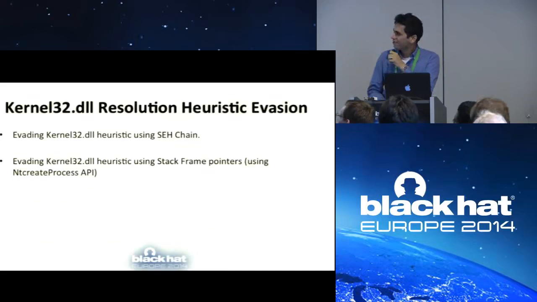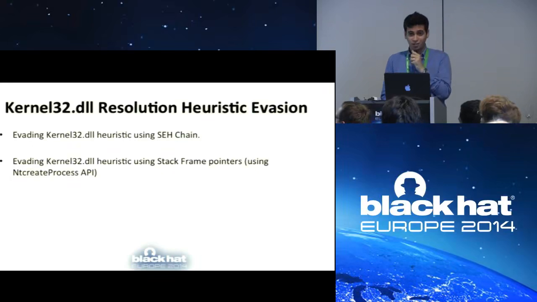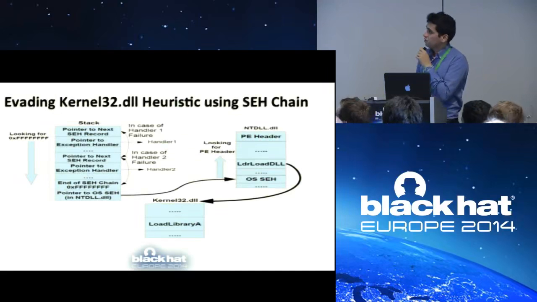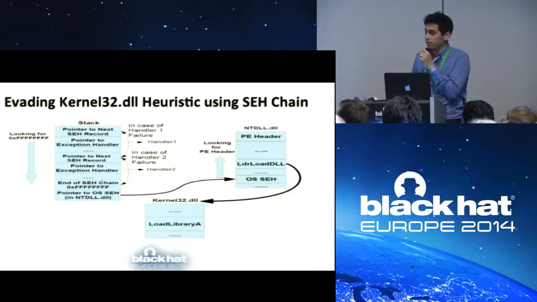Okay, so kernel32.dll resolution evasion. We designed two techniques to evade that heuristic. First of all is the SEH walking technique, and another one is a stack frame walking, which I just demoed to you in the Windows application. So this is the evasion for the kernel32.dll heuristic using the SEH chain.